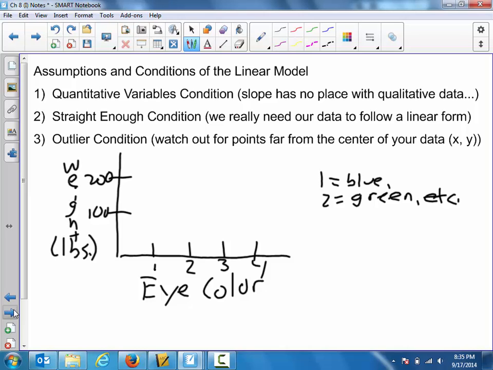Don't be fooled by the fact that you've got nothing but numbers on this coordinate plane. You've obviously got eye color masking as a quantitative variable when it's a qualitative feature. Okay, so this guy's got to be met, the quantitative variables condition.